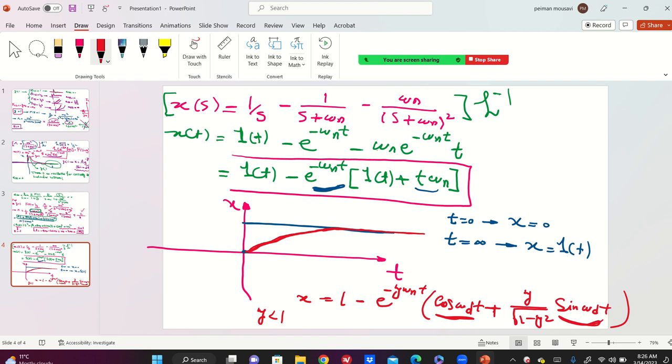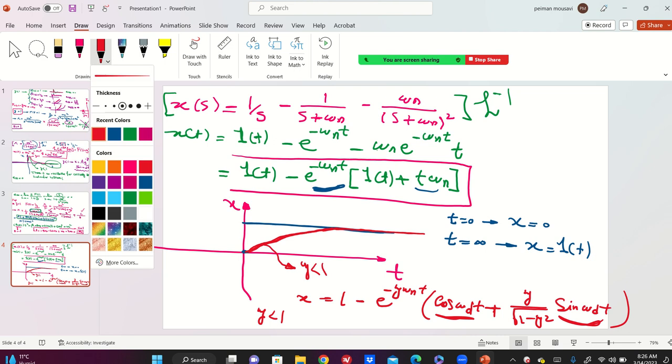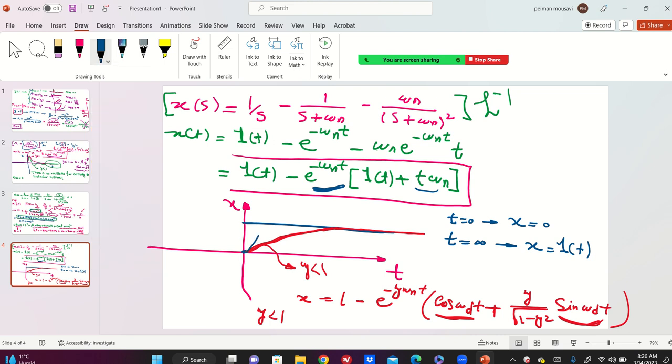For a critically damped system, there is no oscillation for a second order system. So that was for zeta smaller than 1, and previously I taught you that this is for the underdamped system.